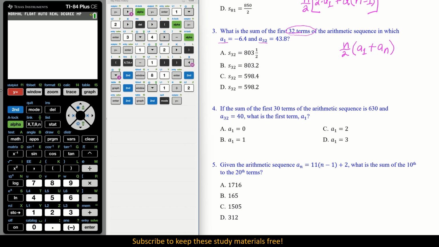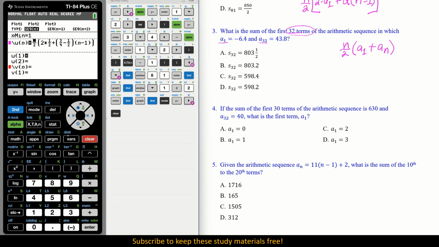So we have all three things we need. All right, so y equals, we're going to go over here, and I'm just going to clear this out. Let's just clear it all out. There we go. Just start fresh. Okay, alpha y equals, number 1 is what we want, so let's put that in. N over 2. Notice I put an N and then I arrowed down.